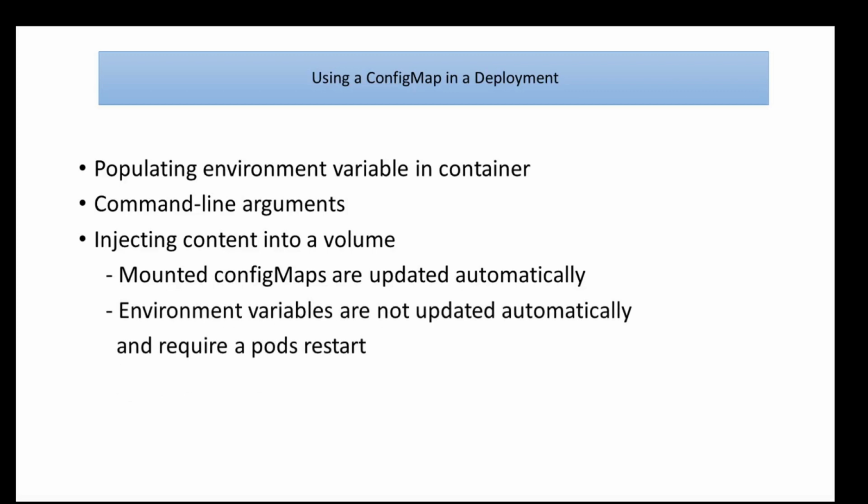Whereas if you are using it as an environment variable, that will not get updated automatically. You need to restart the pod to get the modified data. The kubelet service will watch the config map, and if there are any changes, it will push the changes to your container.